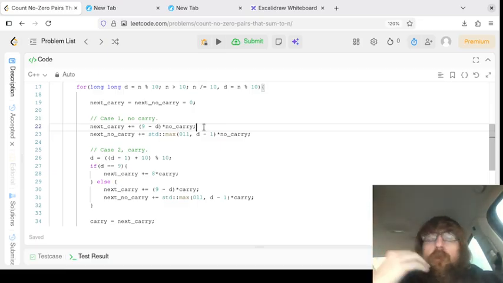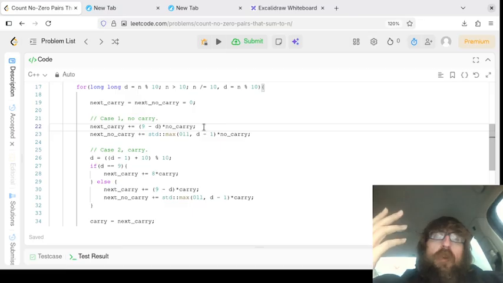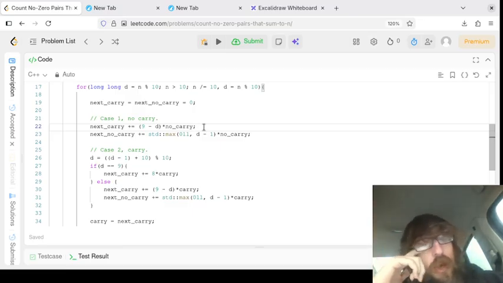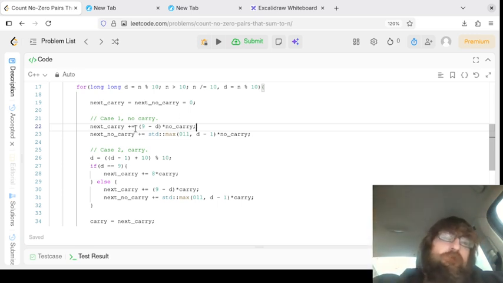Let it be x. x is going to be greater than d, and less than or equal to 9. So it's going to be from d plus 1 to 9. If we take 9 minus (d plus 1) plus 1, you end up with 9 minus d minus 1 plus 1, which is 9 minus d. So you multiply that amount by the previous no carry amount as described previously.